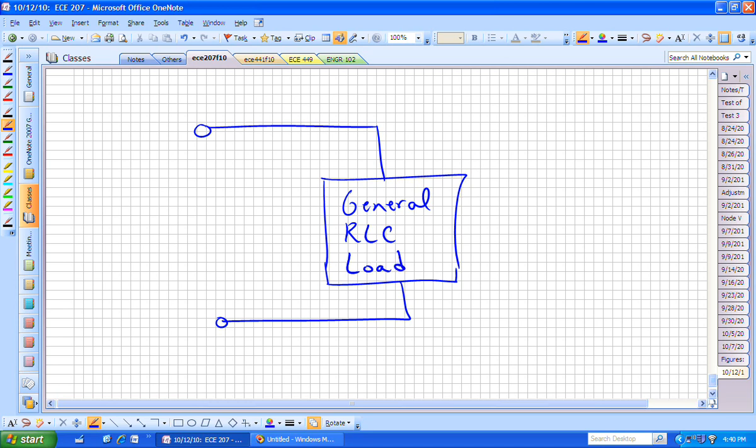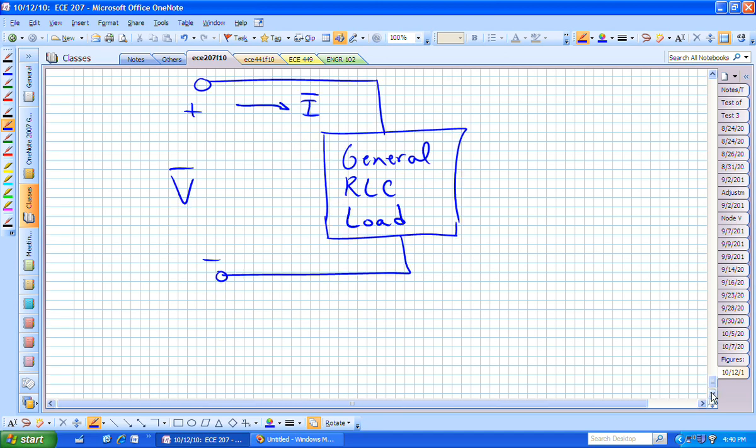RLC load. There's a phasor voltage, and there's the phasor current. We now want to relate all of these different powers that we've just defined today.